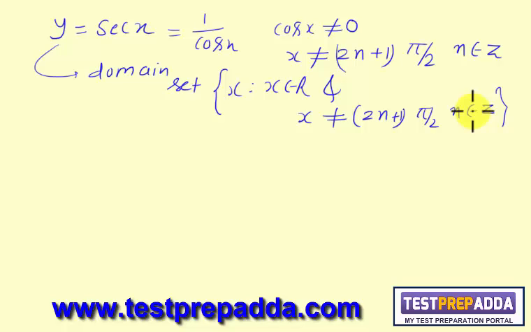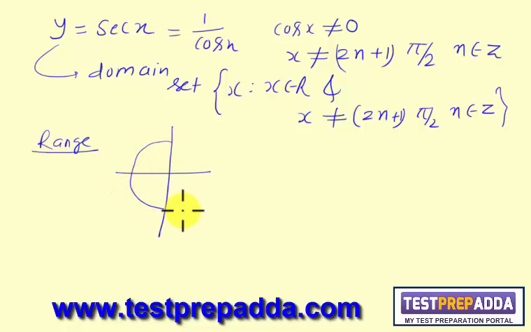And if I talk about range, consider the same unit circle. Here we know 1 0, 0 1, minus 1 0, 0 minus 1.